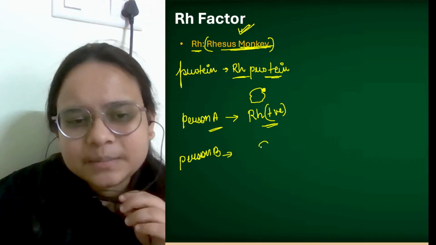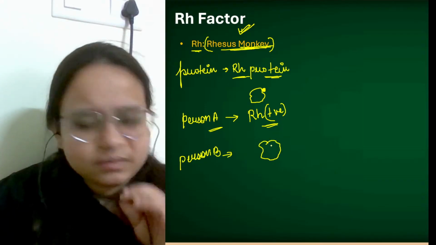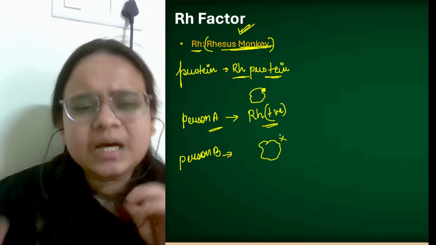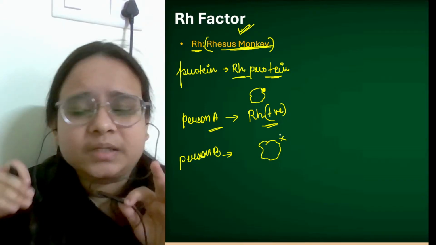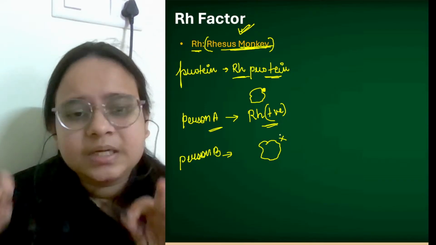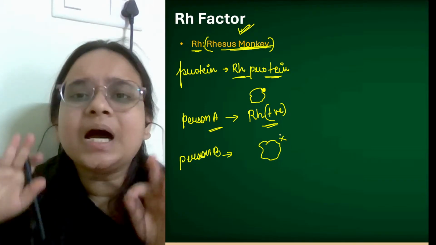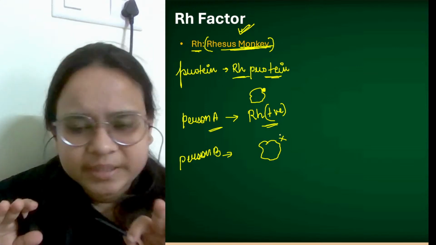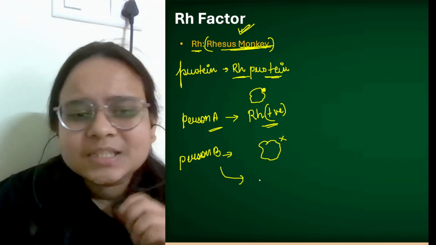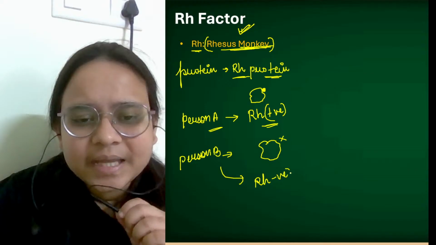सिमिलरली अगर पर्सन बी के आरबीसी में अगर हम लोग देखें किसी भी तरह का रेसस this RH protein is not present, if over the RBC of person B किसी भी तरह का RH protein is not present, तो हम लोग क्या बोलेंगे that this person is actually RH negative person.